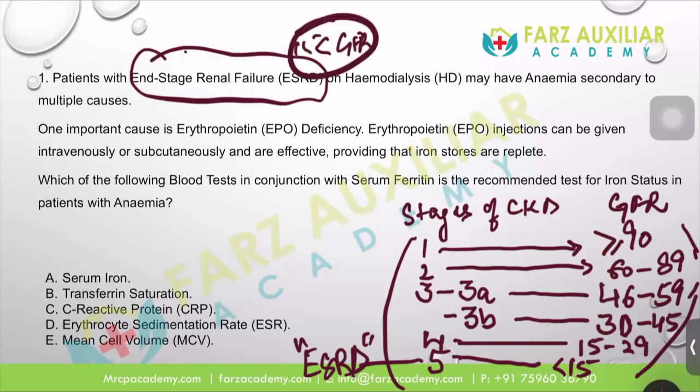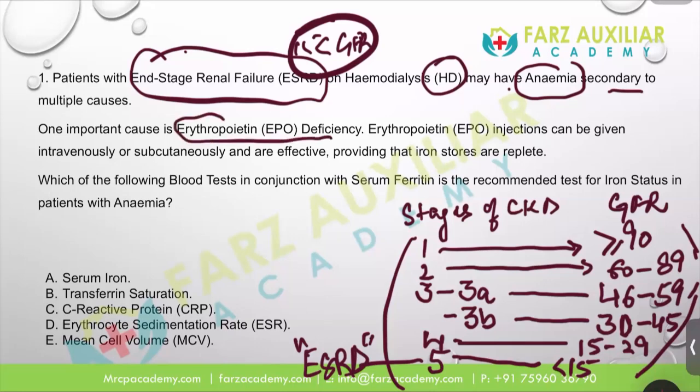Patient on hemodialysis may have anemia. That is a very common problem of patients who are on dialysis, anemia secondary to multiple causes. One of the important causes is erythropoietin deficiency, which can be counteracted by erythropoietin injections.